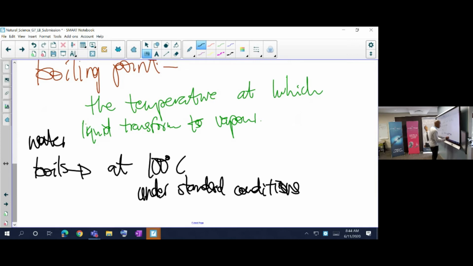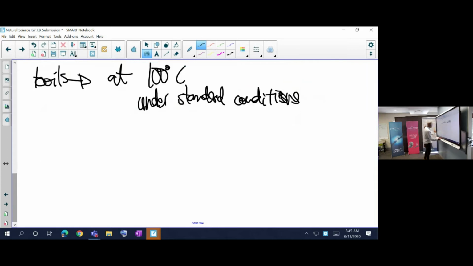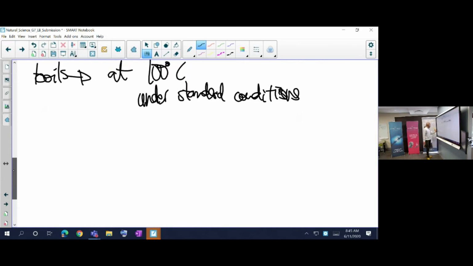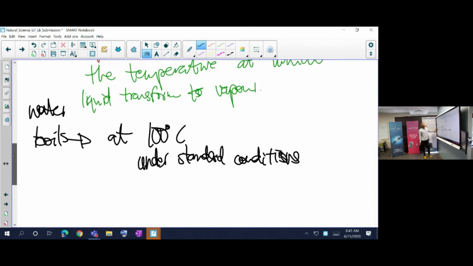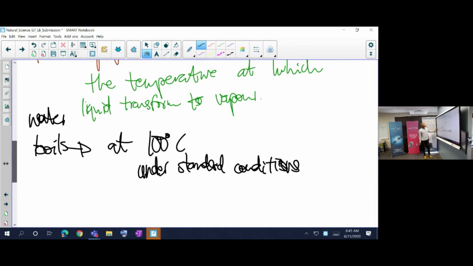Don't bother yourself too much about it, but it means at sea level, material will boil at a particular temperature, and as you increase the altitude, it will boil at a different temperature. But under standard conditions, which means at sea level, or when atmospheric pressure is 1, but for your grade level, you need to know that that's when the boiling point is the temperature at which liquid transforms to vapor.